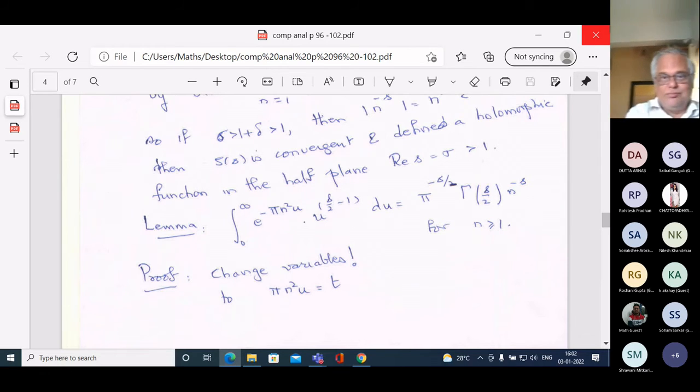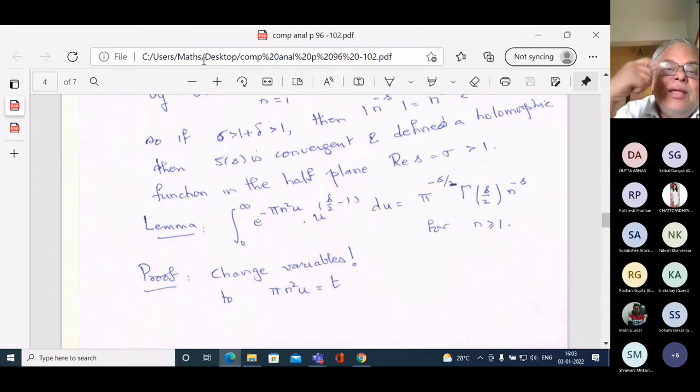Okay, so there's one more elementary change of variables that we need. So you have a certain exponential, there's an n in there, and I'm multiplying it by u to a certain power, where the real part of s is greater than 1, du.